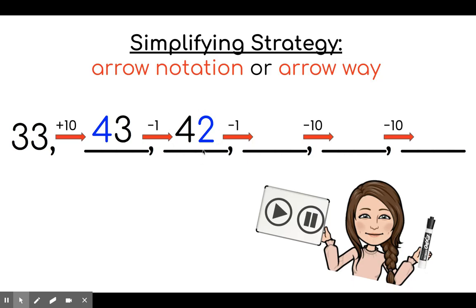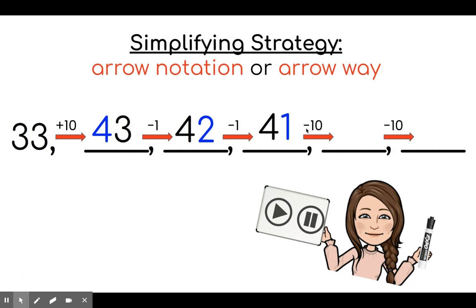Now that we have 42, we can follow the directions on the next arrow. 42 subtract 1. Again, we're just taking away 1. So if we have 2 ones and we take away 1, we're left with 1. But our groups of 10 remain the same. 42 subtract 1 equals 41.